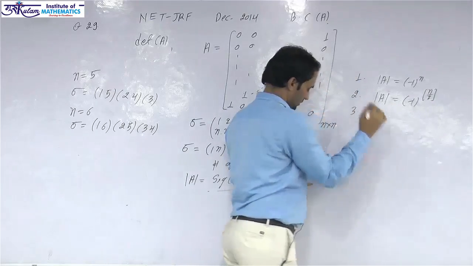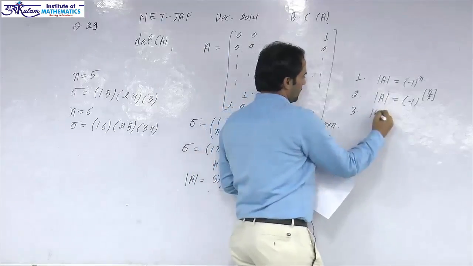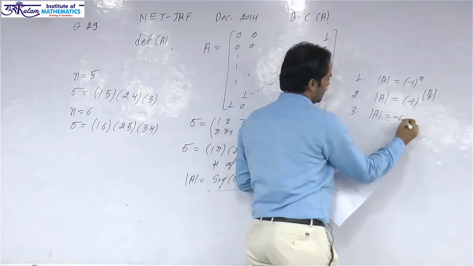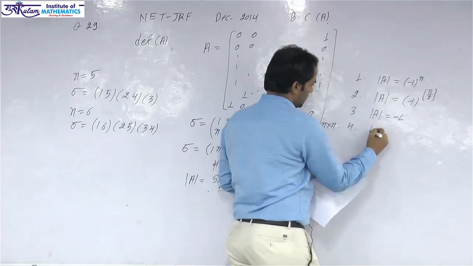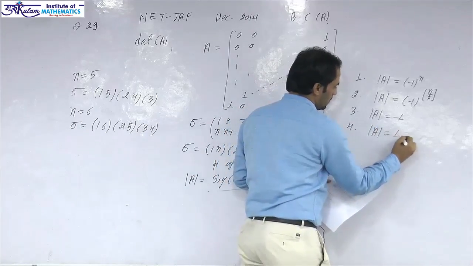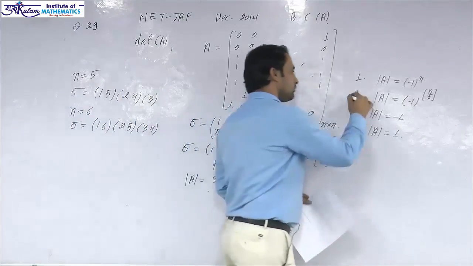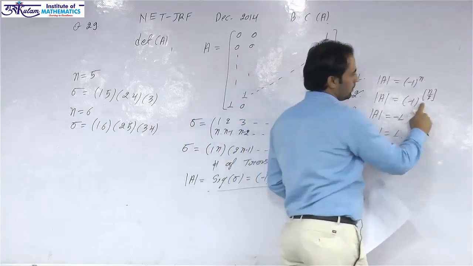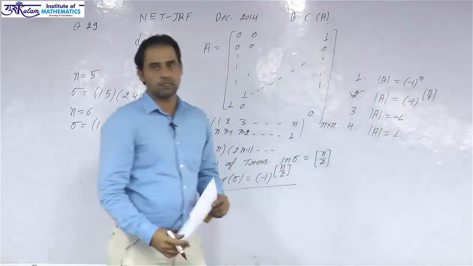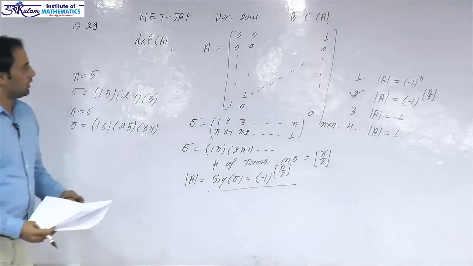Third option is determinant of A is minus 1. Fourth option is determinant of A is 1. So directly you can say that the determinant of A is minus 1 to the power greatest integer n by 2. So answer 2 is the correct option.